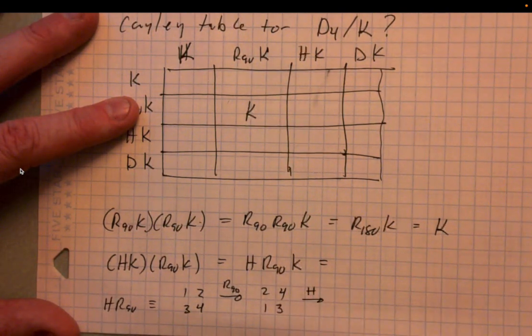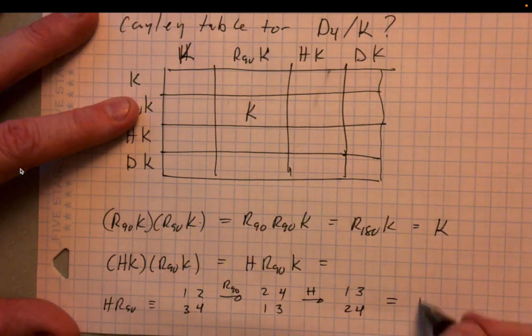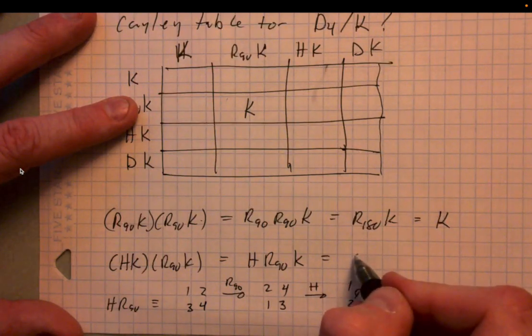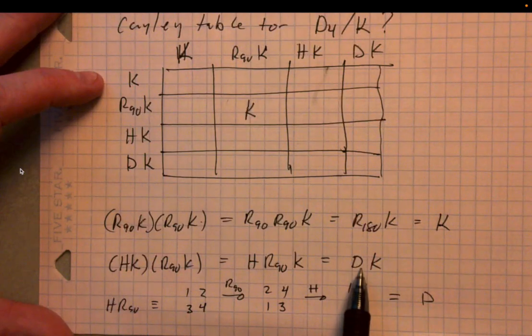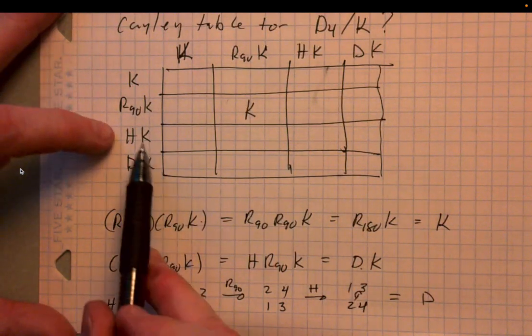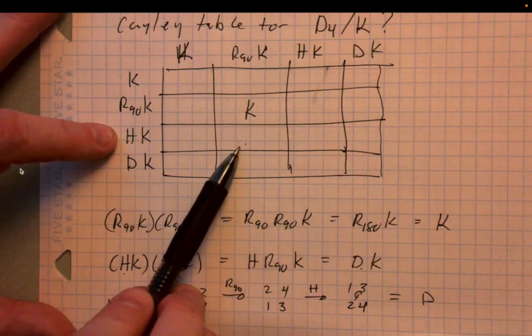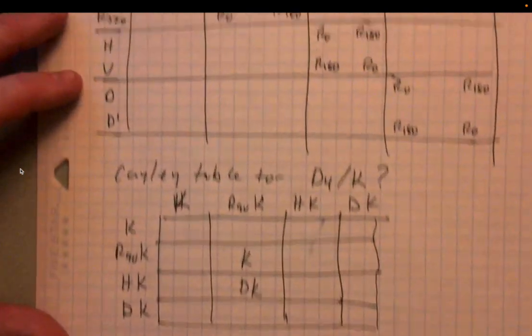Do an H, and you get 1, 3, 2, 4. And you can see that HR90 is really just a diagonal flip. 1 and 4 are fixed, and 2 and 3 swap spots, right? All right, so this is just DK. Okay, so HK and R90K, basically here and here, this better be a DK.